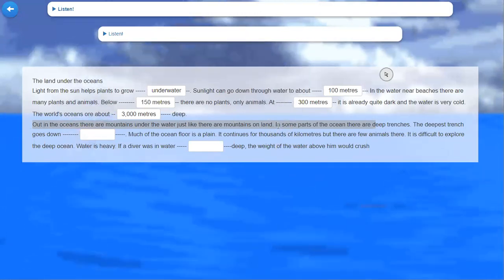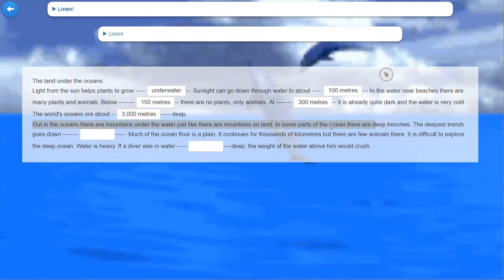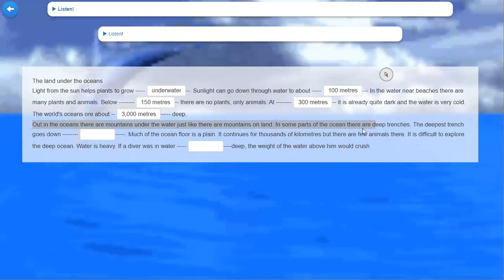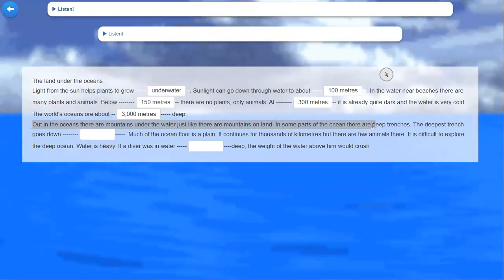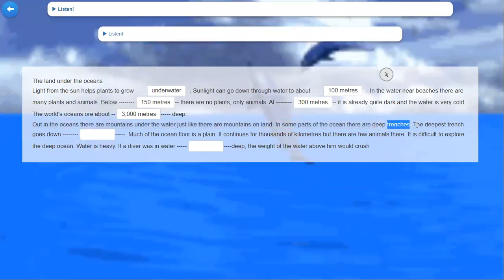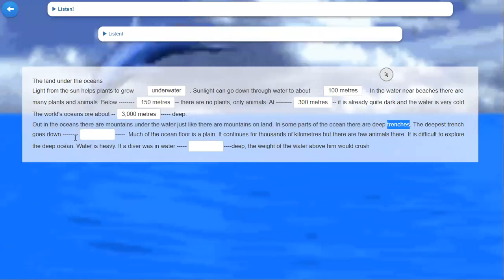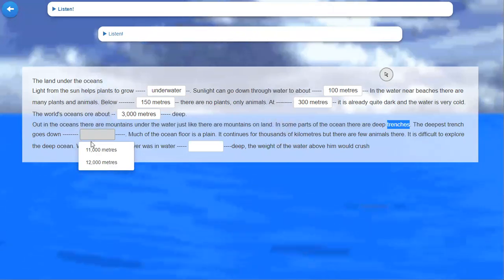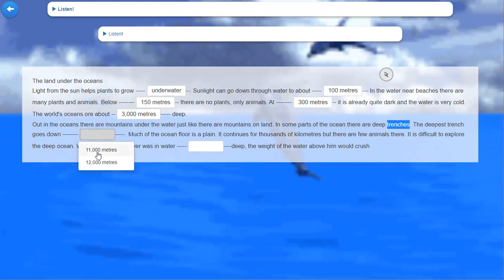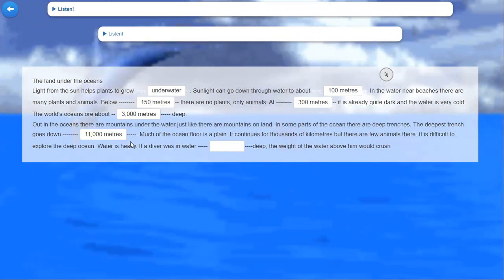In some parts of the oceans, which means very big seas, there are deep trenches that go down 11,000 meters, as I also told you.